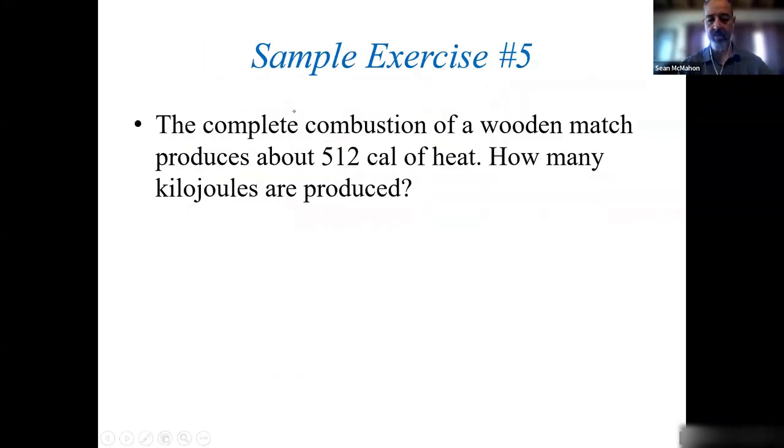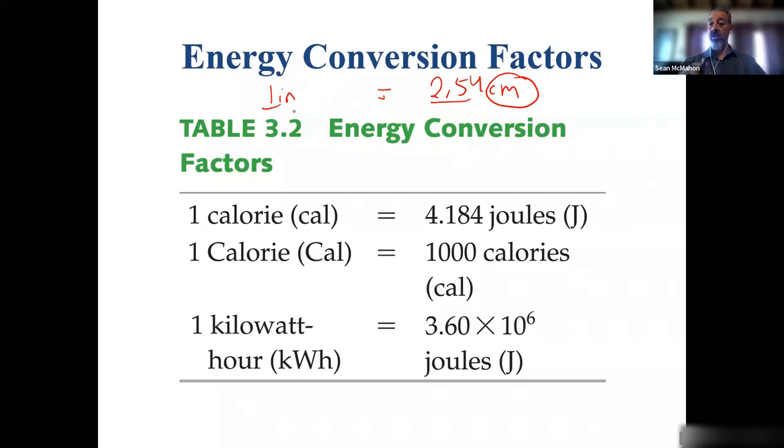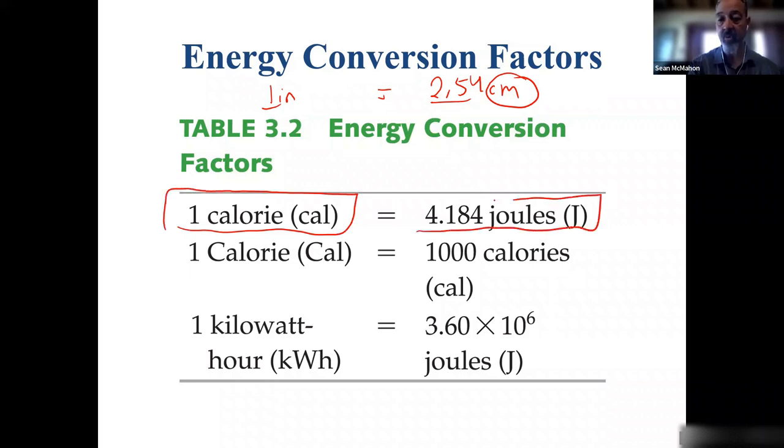Sorry about that. So it's the same thing here. We have calorie. 1 calorie is 4.184 joules. This is a conversion factor you should get comfortable with. We use this when we start talking about water and things like that. That'll be the next lecture where we do what's called specific heat calculations.